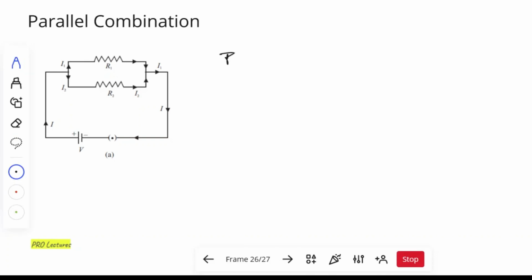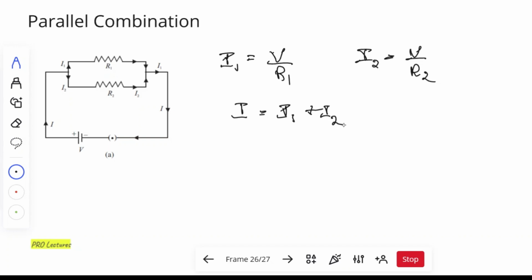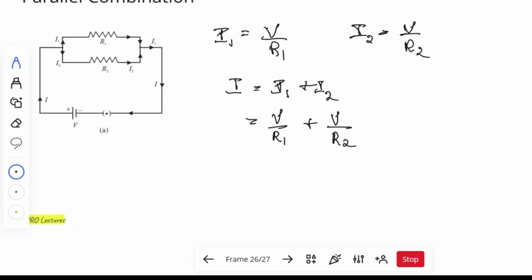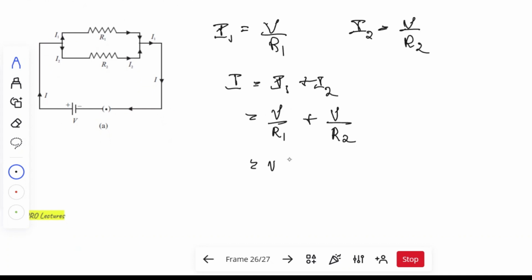Then I1 is equal to V by R1. I2 is equal to V by R2. The main current is the sum of I1 and I2. So I is equal to I1 plus I2. Substituting this, V by R1 plus V by R2. Taking V common, 1 by R1 plus 1 by R2.